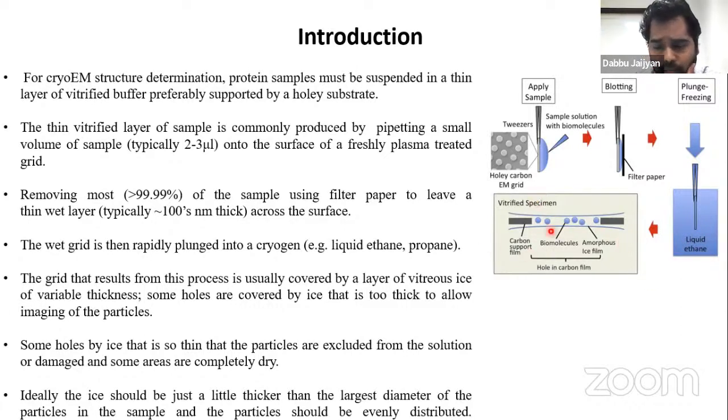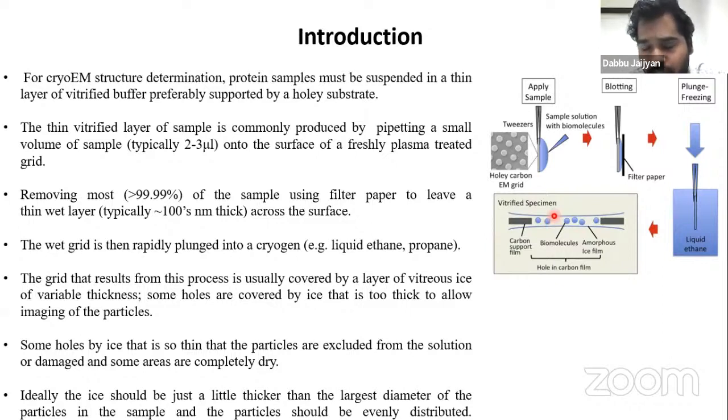The liquid ethane temperature is close to -180, and the grid gets vitrified. In this vitrified grid, we can see that the biological molecules are in the same layer and they are well distributed. There is a thin vitreous layer around the samples. If this layer is too thick, then we cannot image.